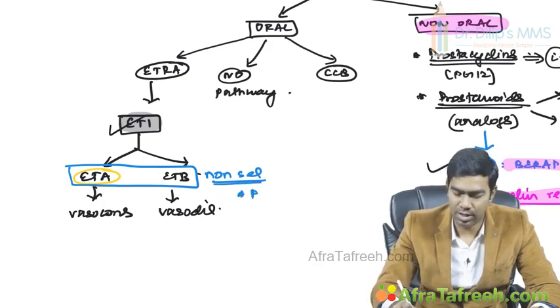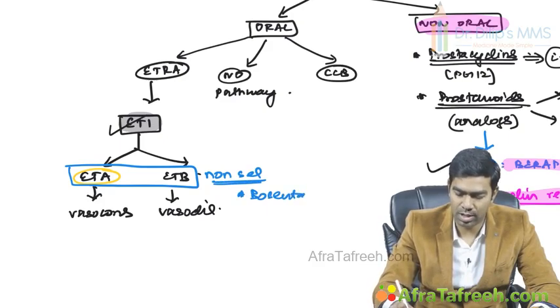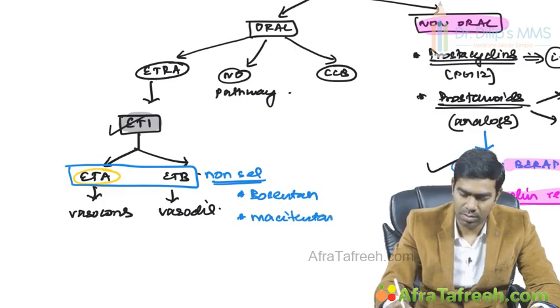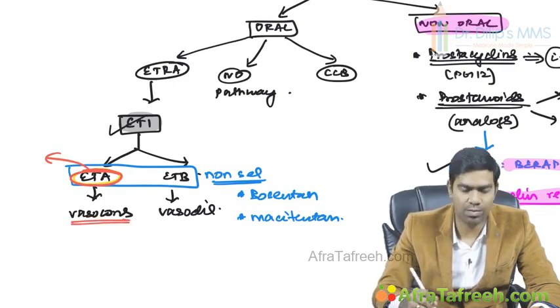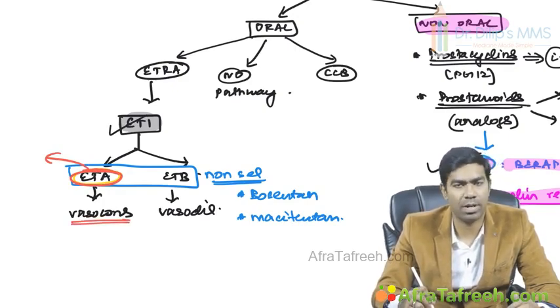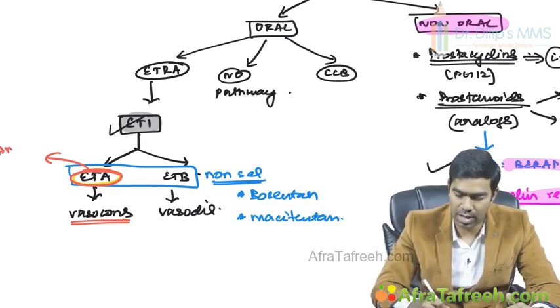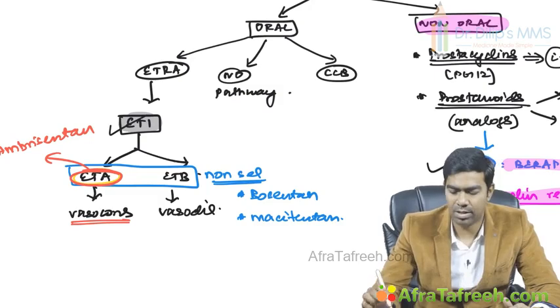The drugs that originally came are bosentan and macitentan. But currently we have selective ETA blockers, because we want to block this vasoconstriction to reduce the pulmonary vascular resistance. That is called ambrisentan.